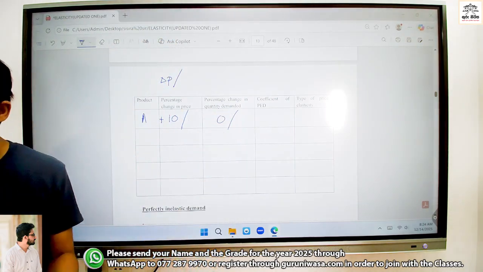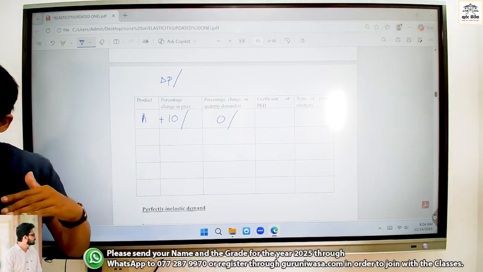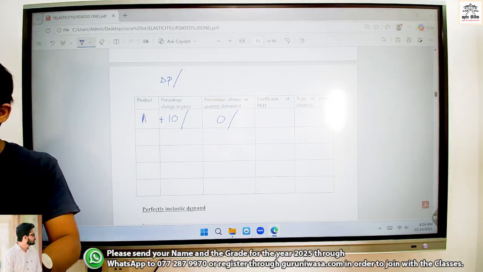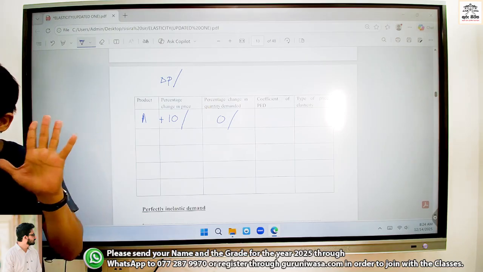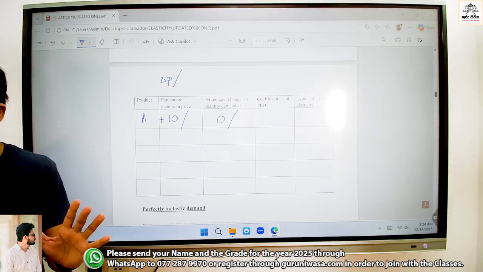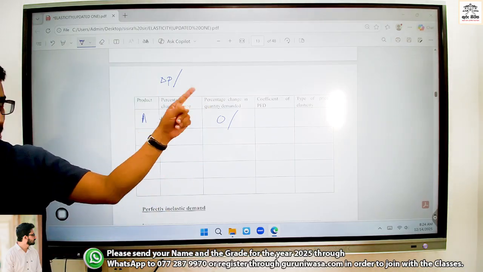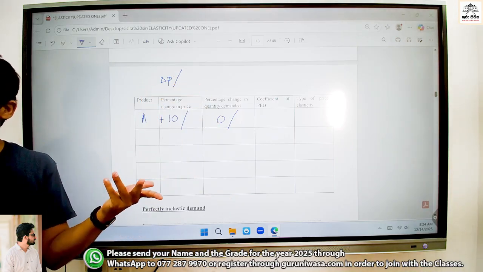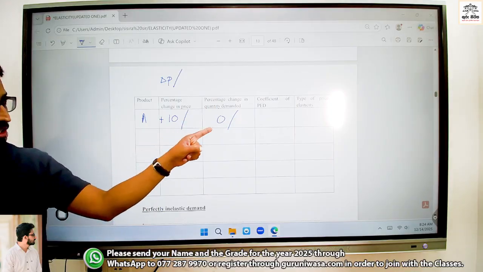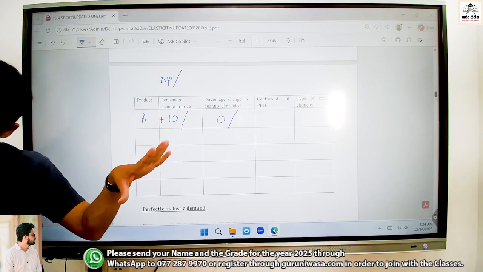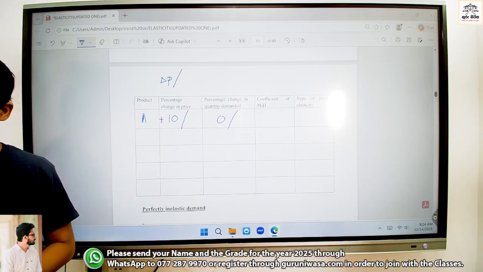Some products exist where, when price increases, what happens to quantity demanded? Normally it decreases. But there are some very special products. Though the price increases, consumers are not able to reduce. Whatever price is charged, the demand stays the same. These are called perfectly inelastic.